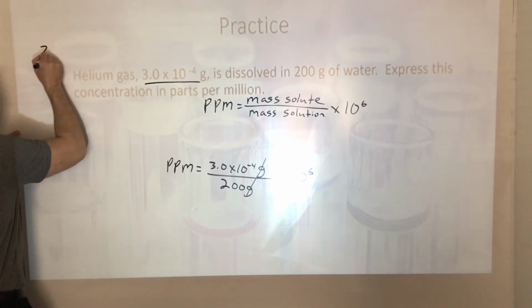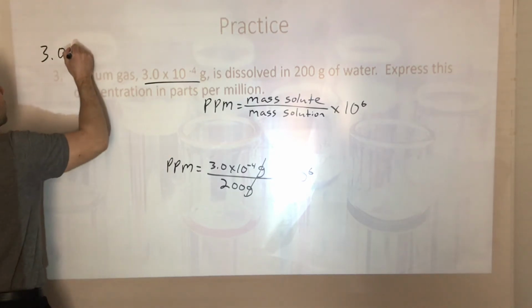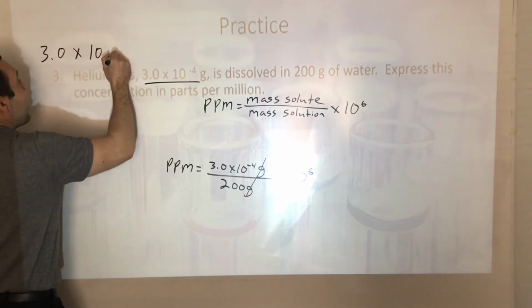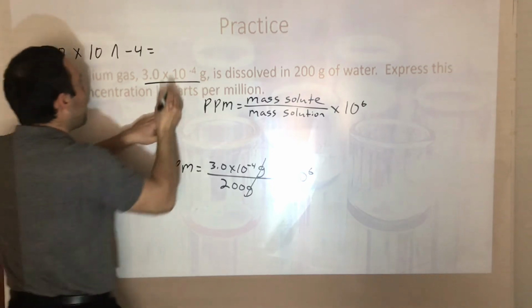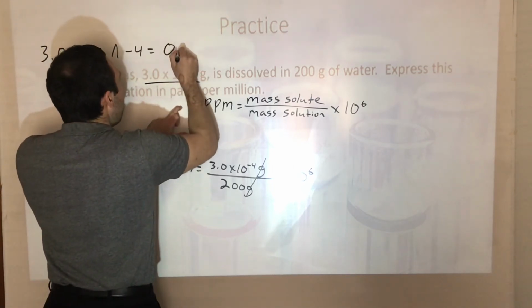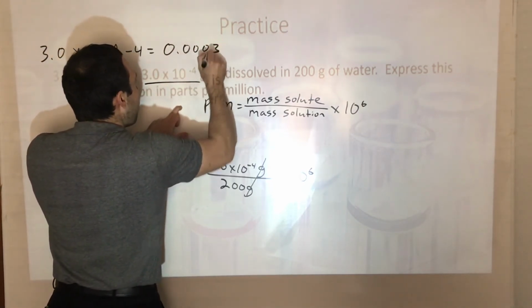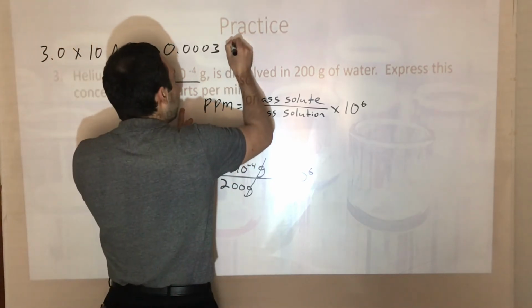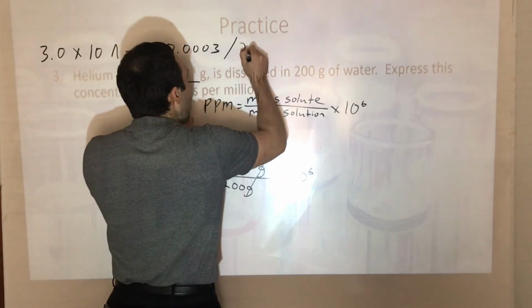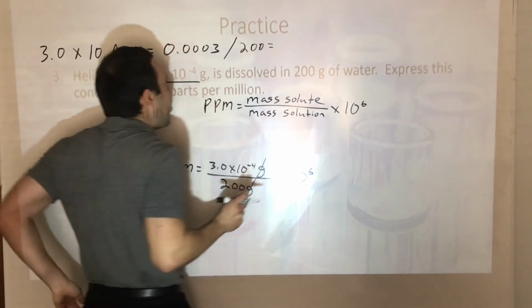So I would type in 3.0 times 10 caret negative 4. If I do that properly and I hit enter, I should get 0.0003. After that, I can now divide by 200, hit enter.